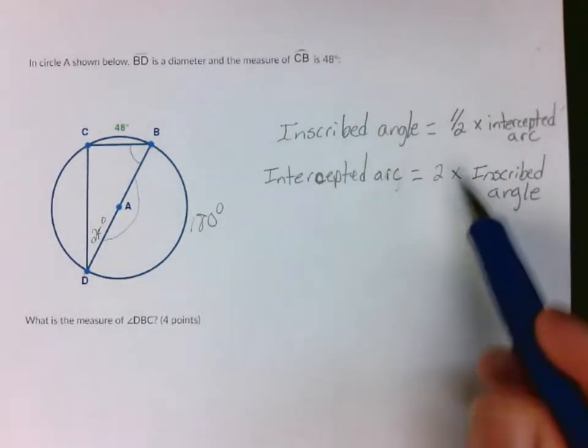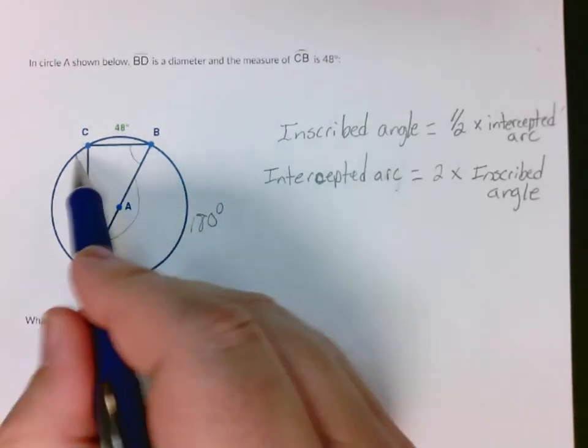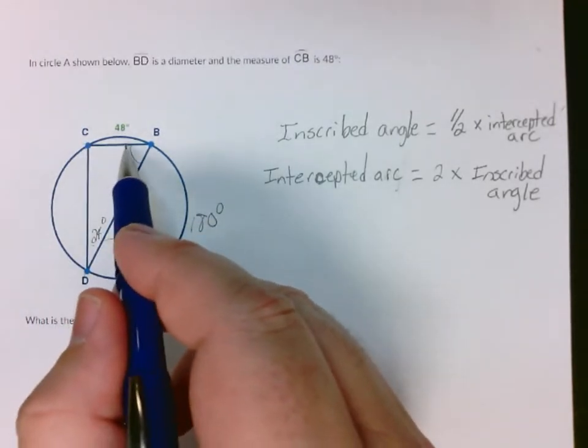So that says that if this is 24, then this arc right here is 48.